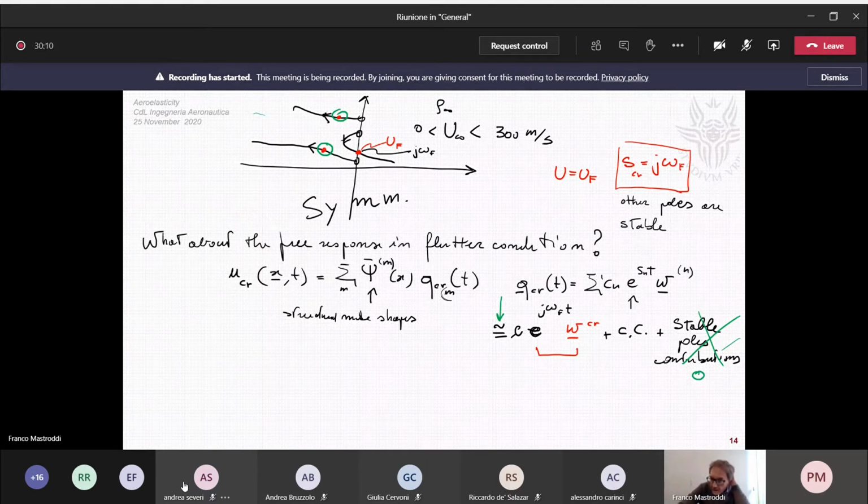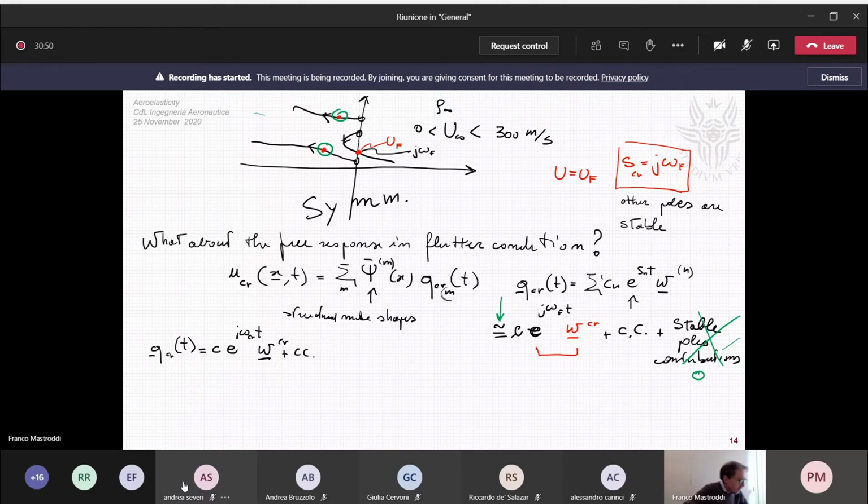Okay, so now we want to express this kind of solution more explicitly, and so we want to develop this q critical contribution as equal to, again, I want to repeat, this contribution e to the j omega critical t times the W critical vector, plus the complex conjugate.